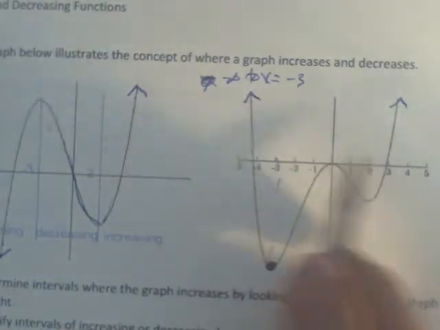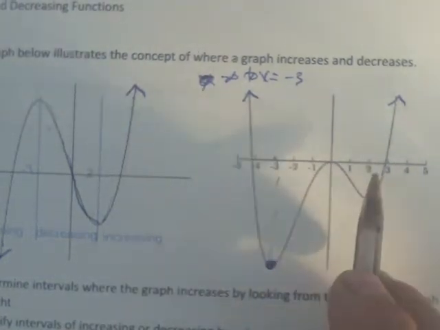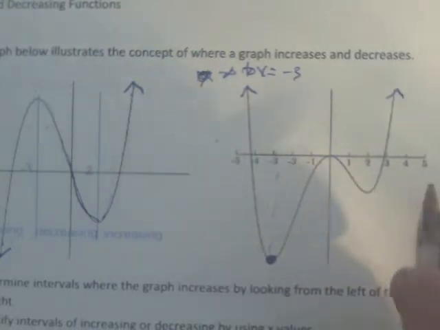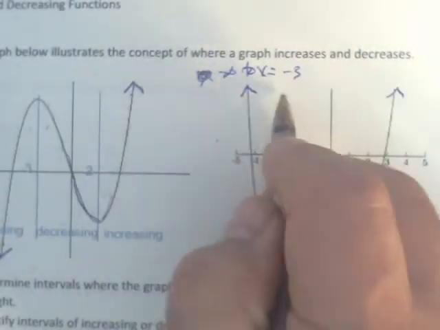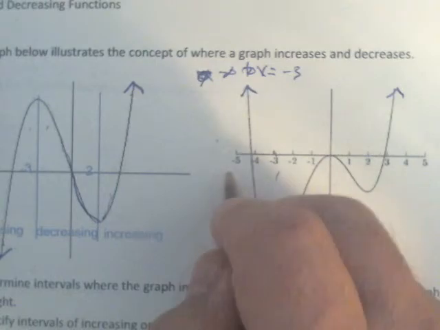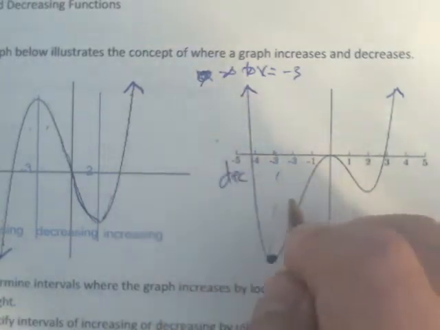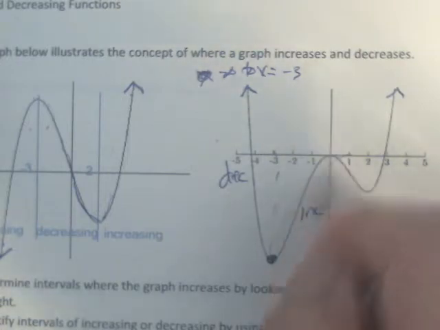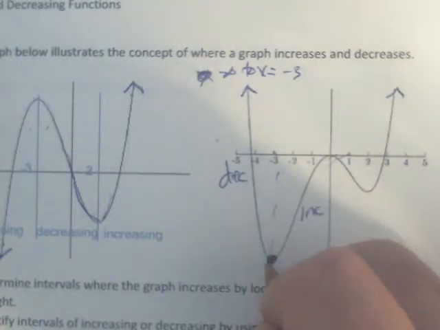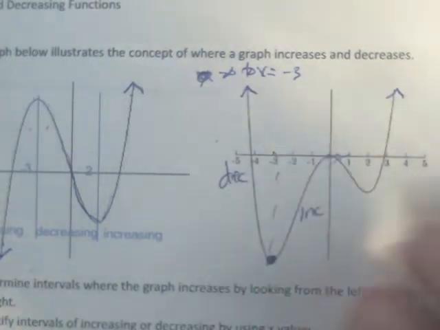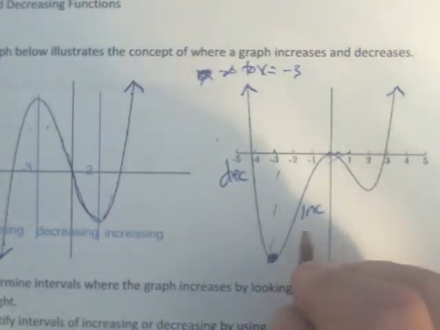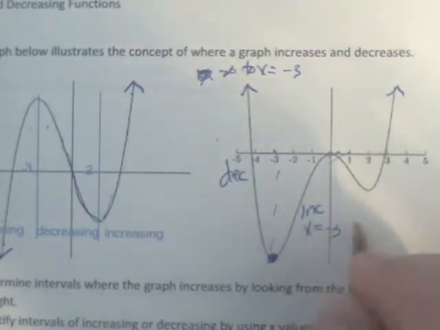Don't use y values, only use x values to indicate increasing and decreasing. So this is decreasing, and again, I'm going to write that here, decreasing. Right here is where it's increasing. And it's increasing from negative 3 to 0. So it's increasing from x is negative 3 to x is 0.